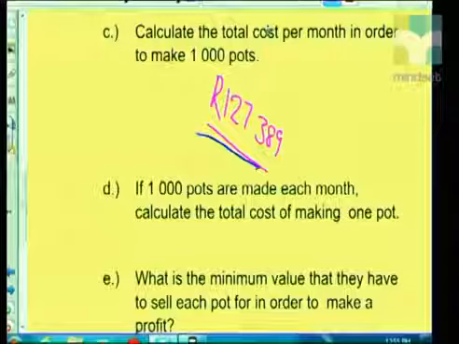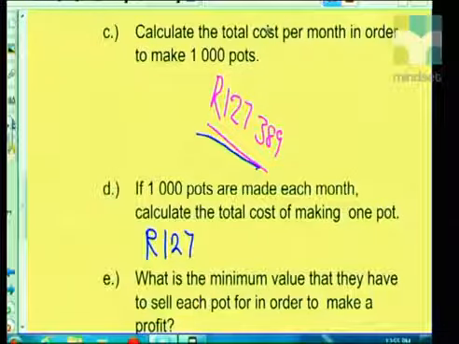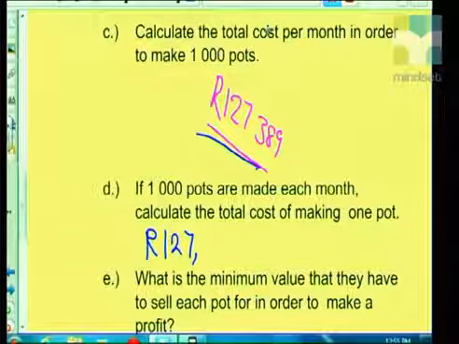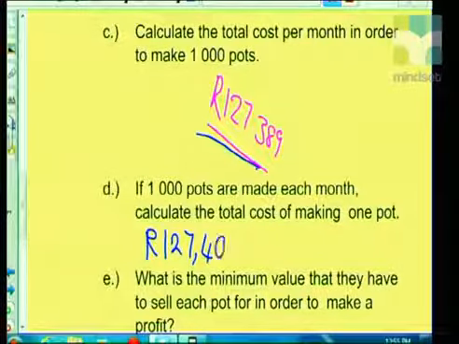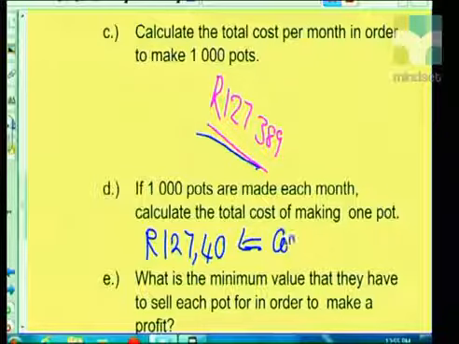We're going to need to divide it by 1,000. So I don't think that's too difficult to recognize. Dividing by 1,000, one pot is going to be 127 Rand and 39 cents. We're going to round off. If we round off to the nearest 10, it's going to be 40 cents. That's the cost of making the pot. This would be our cost price.